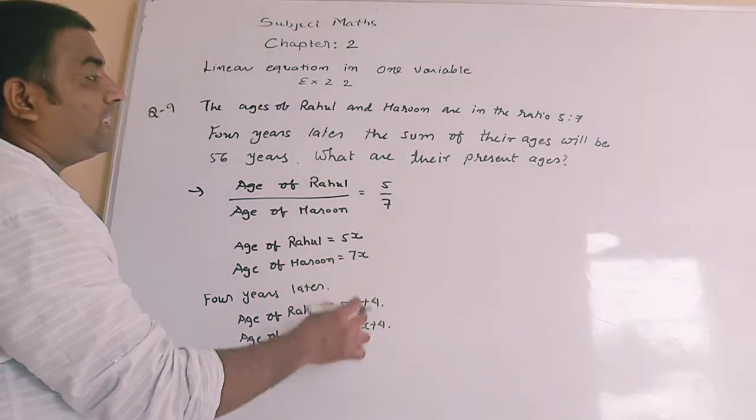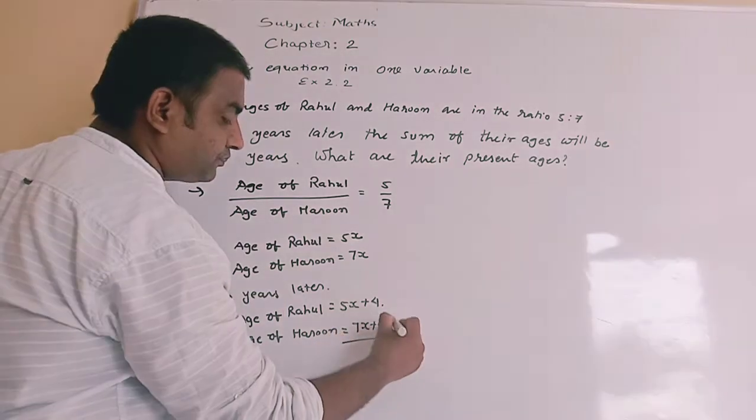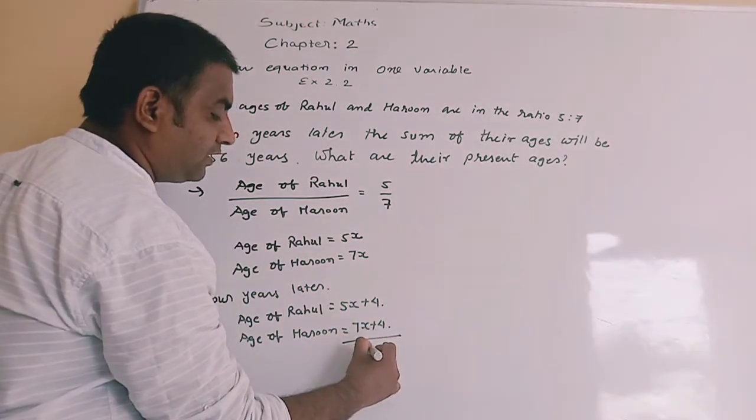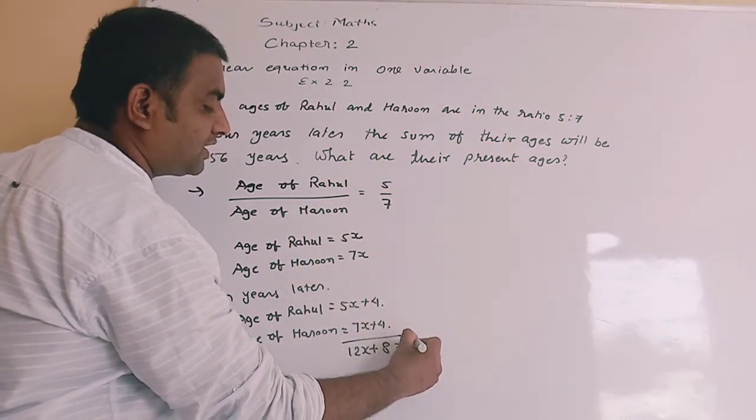And the addition of both these ages is given as 56. So we add them: 4 plus 4 is 8, 5 plus 7 is 12x, equals 56.